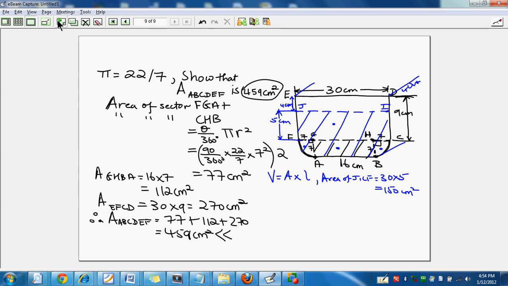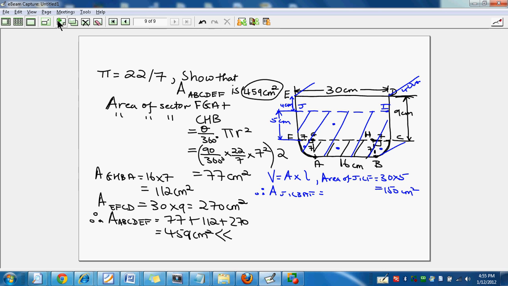So therefore, the area of JICBAF, which is the blue area there, would be equal to, and we just add back all the areas that we need, 150 plus 77 plus 112. 150 would be what we just got on top, 77 will be for these two, and 112 will be for the one in the center.